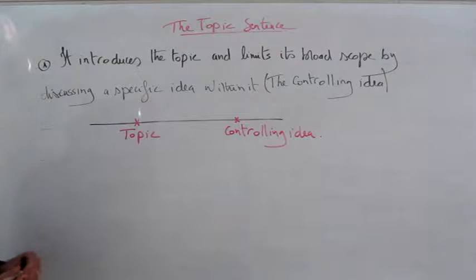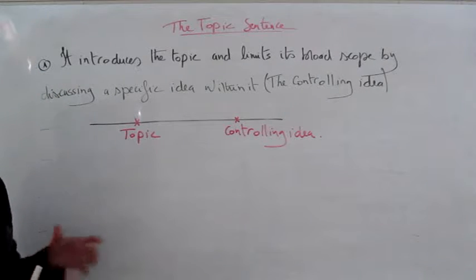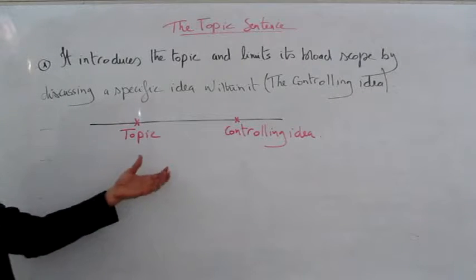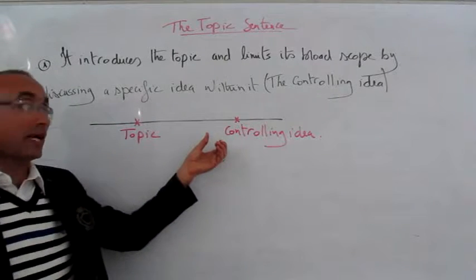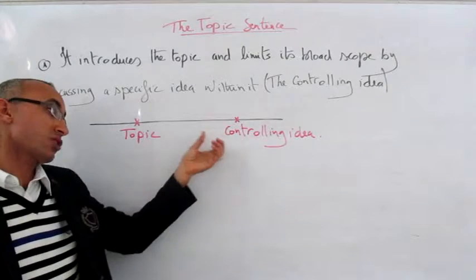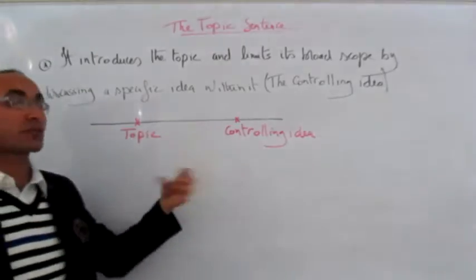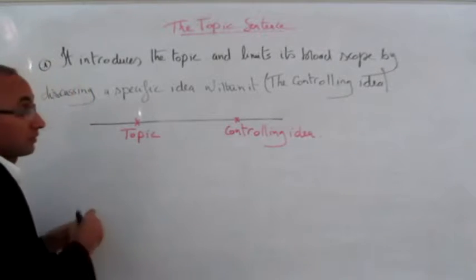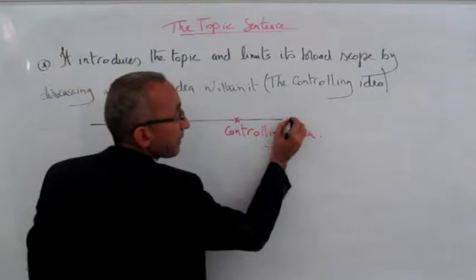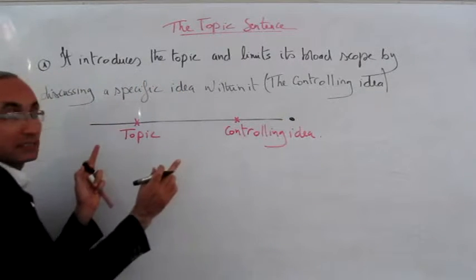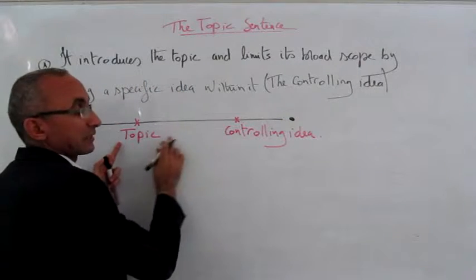Clear? Whether you start with the topic first, then you specify, or from the beginning you mention the controlling idea first, then the topic. What matters is that before I put my first full stop, I must include in my first sentence these two key elements.